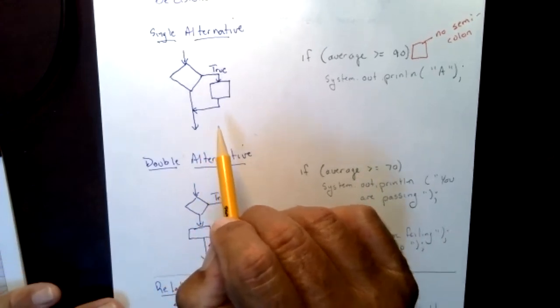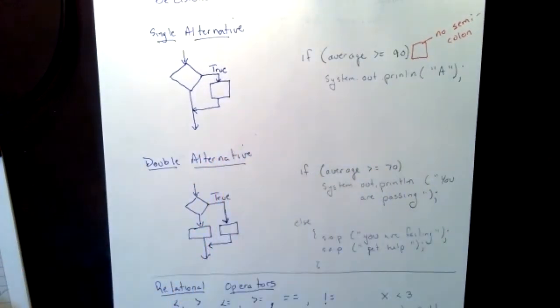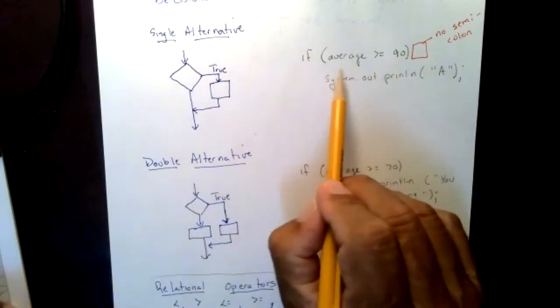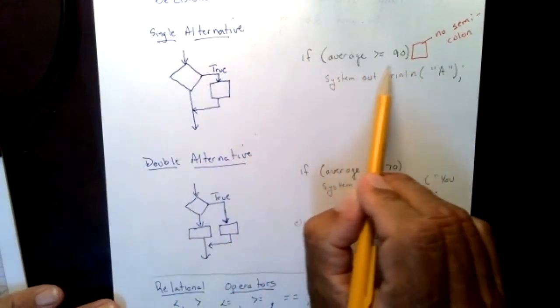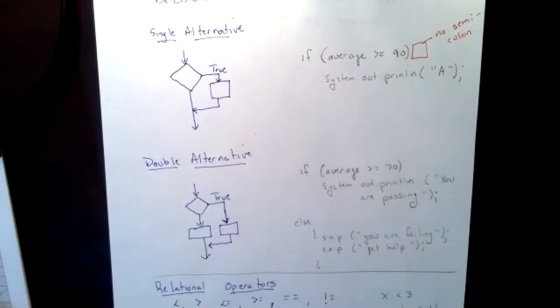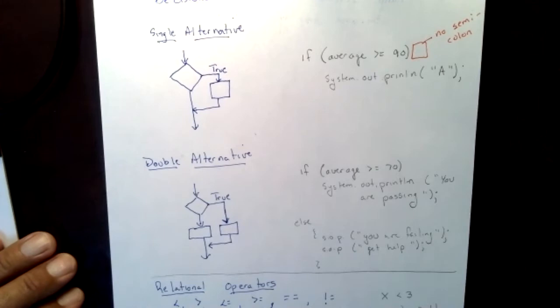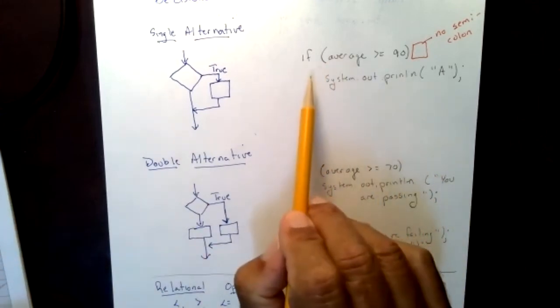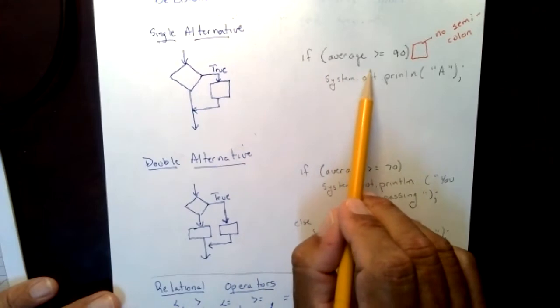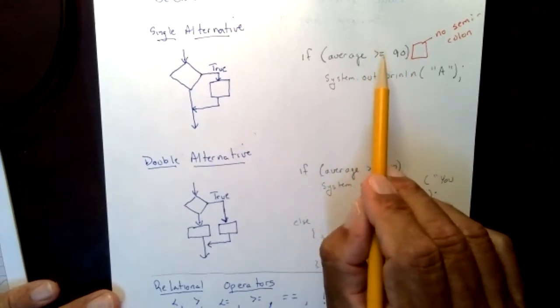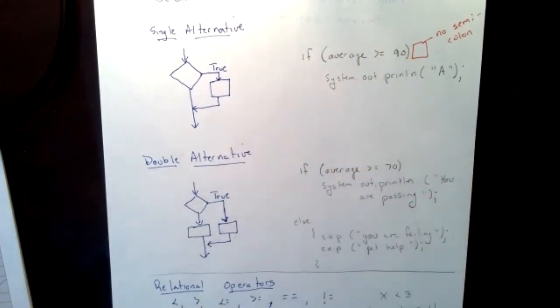So an example of what the syntax might look like is: if, and now to the right here, I have a set of parentheses. And inside of that set of parentheses is going to be a Boolean statement. Now, Boolean is a statement that results in either a true or false. In this case, I say if, parentheses, average is greater than or equal to 90.